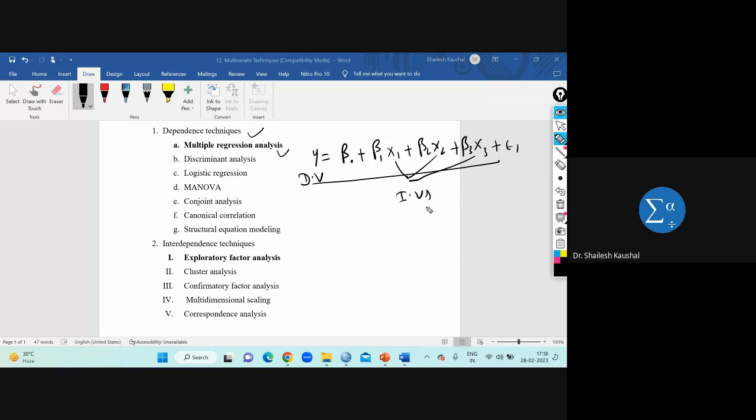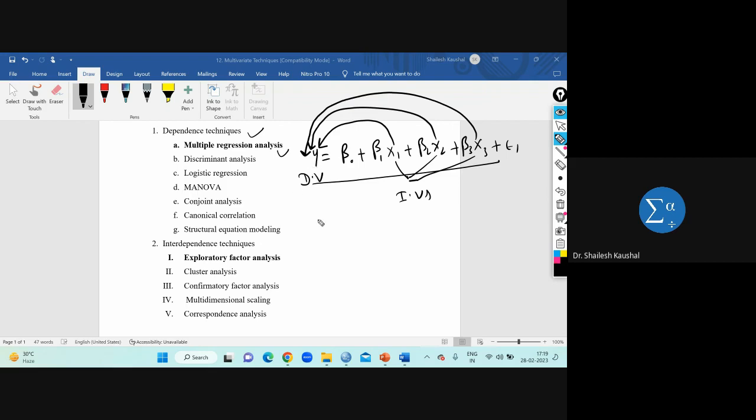The purpose of dependence technique is to find out the relationship between dependent and independent variables. So here we find or estimate the relationship between dependent and independent variables.